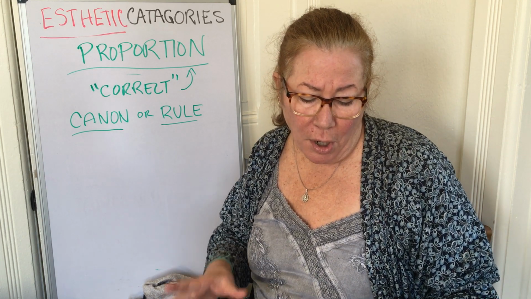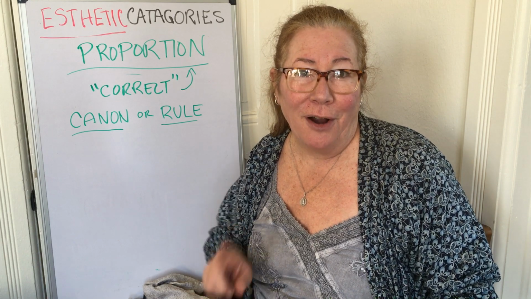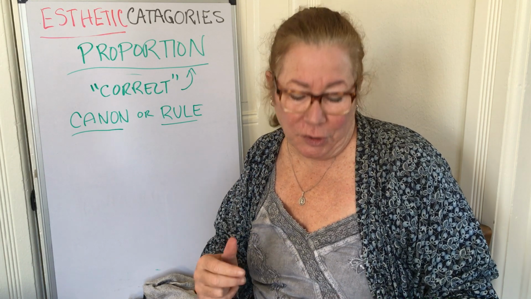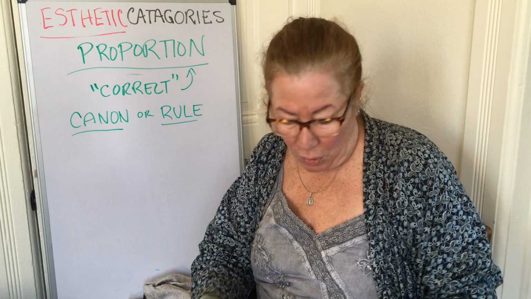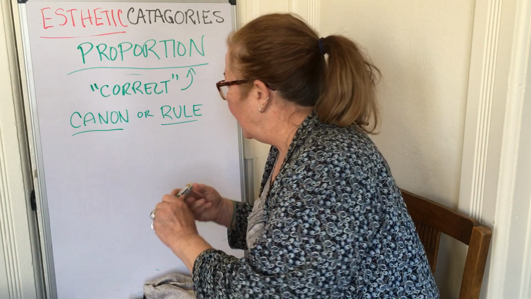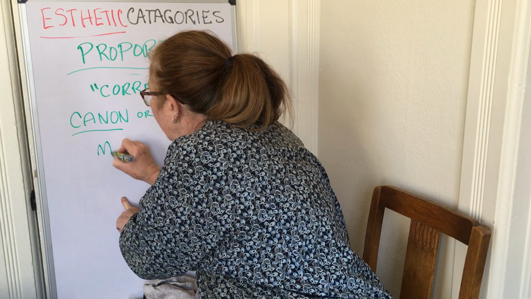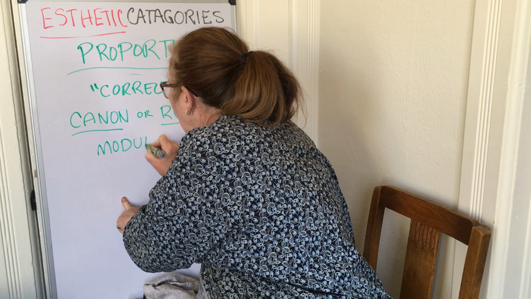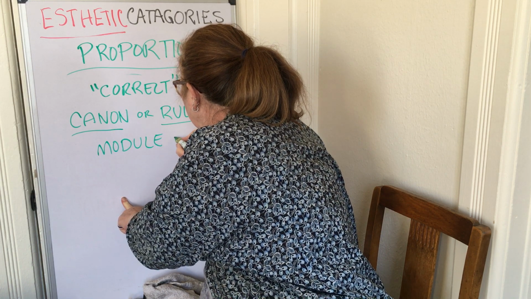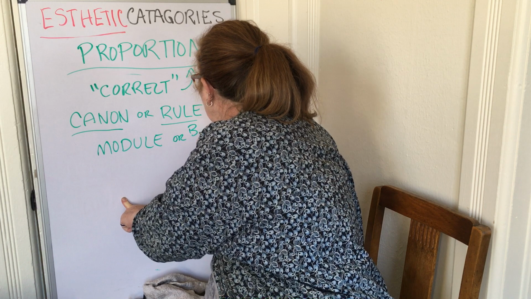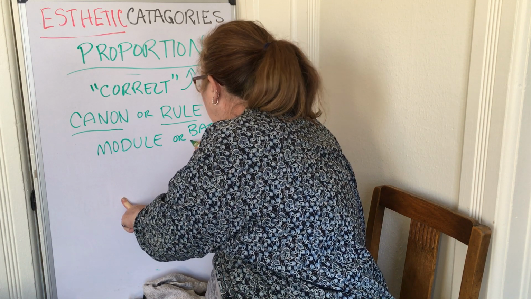so that all the parts, especially in architecture, are multiples or fractions of that module or basic unit. So let's write that down. And you'll find this is true in a lot of architecture and art.